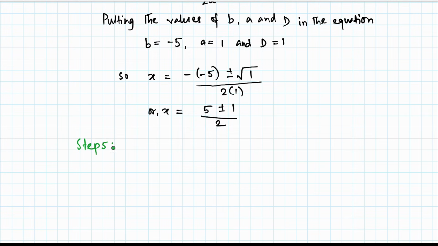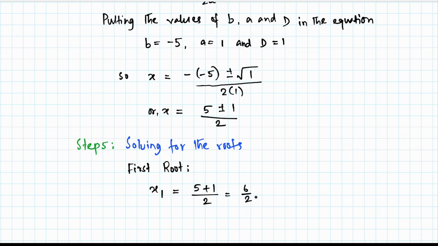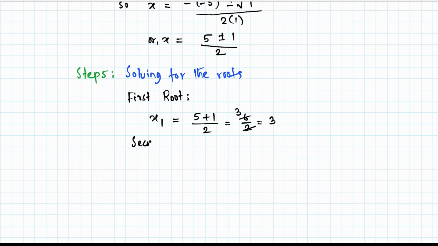Step number 5, which is the final step, is solving for the roots. There will be two roots. For the first root, x1 is equal to 5 plus 1 divided by 2, which is 6 by 2, which is equal to 3. For the second root, we will take minus. So 5 minus 1 by 2, which is 4 by 2, that is equal to 2. So 3 and 2 are the roots.